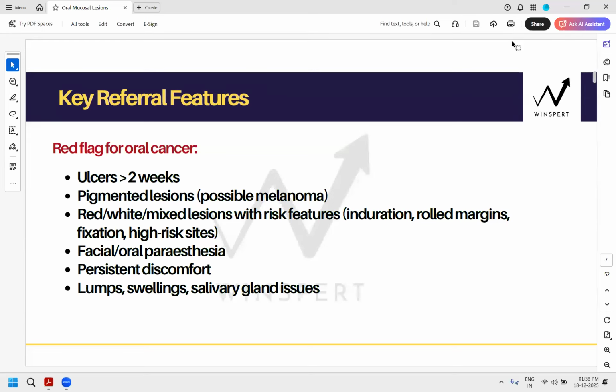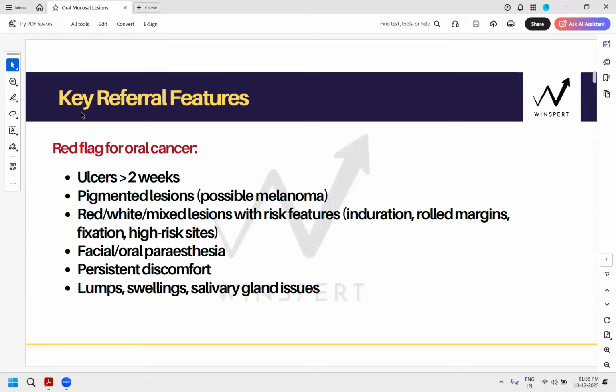Lumps or swellings which include lymphadenopathy, right? Lumps, swellings, even salivary gland involvement. Any swelling, any pain or blockage in the salivary gland. Absolutely yes, Ashley. So they also suggest salivary gland involvement, so they also indicate a red flag.